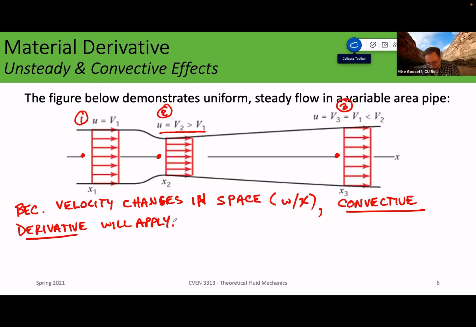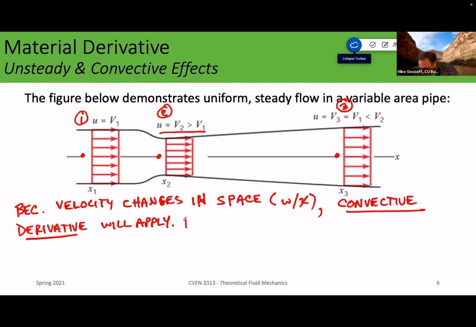If we were working with the material derivative, we would definitely use the second term on the right-hand side of the equation, because regardless of what we're looking at, whether it's mass or temperature or whatever we put in our parentheses, the velocity vector is changing, right? From 1 to 2 it increases, and from 2 to 3 the velocity changes again. So we would have to have some function to describe that.